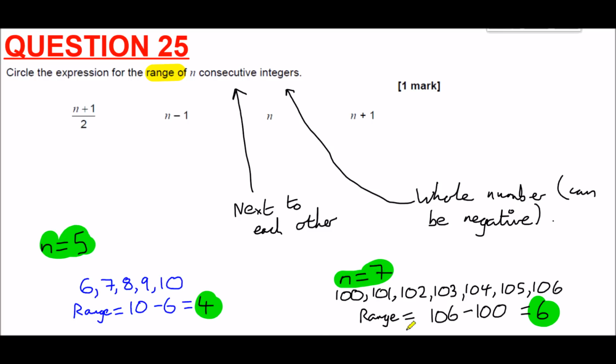When n was 7, the range was 6. The range is always going to be 1 less than n. And so the range is whatever n is, take away 1. If you try real numbers, it makes it easier to get your head around. So that's why I've picked these real number examples. So the one we need to circle for question 25 is n minus 1.